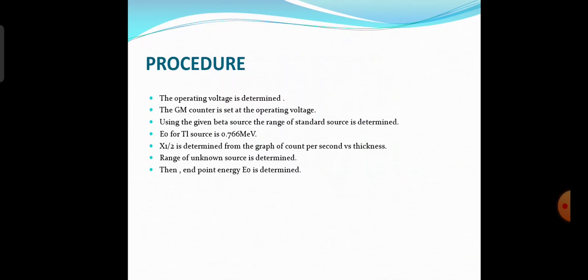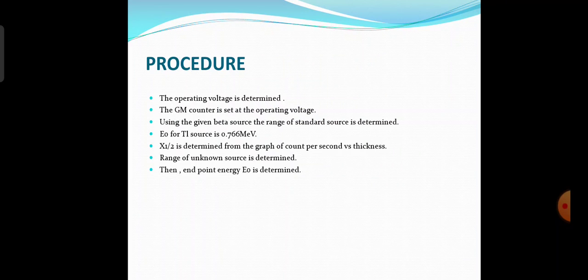After determining the operating voltage, we set the operating voltage, and then the beta source for which the range has to be determined, that is the standard source, is placed. Here we use the standard source as thallium with an endpoint energy of 0.766 mega electron volt.